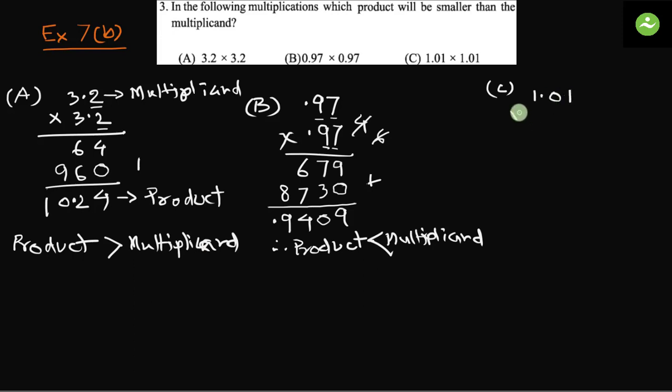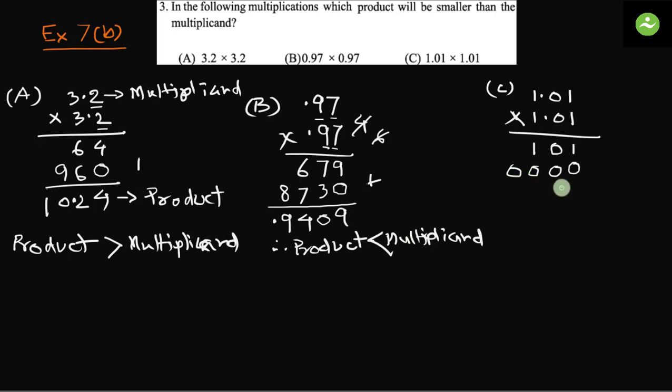1.01 multiply by 1.01. Ignore the decimal point. Think they are whole numbers and multiply. So 1 into 1, 1 into 0, 1 into 1, 101. Put a 0 here, start multiplying by 0. 0 into 101 is 0.